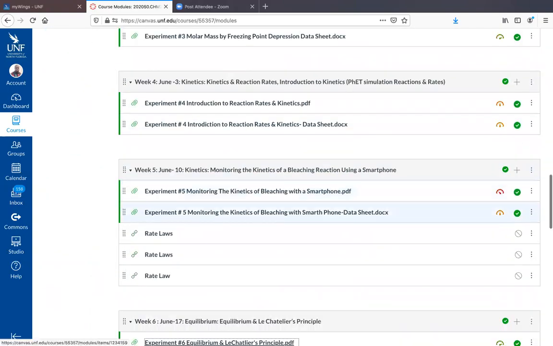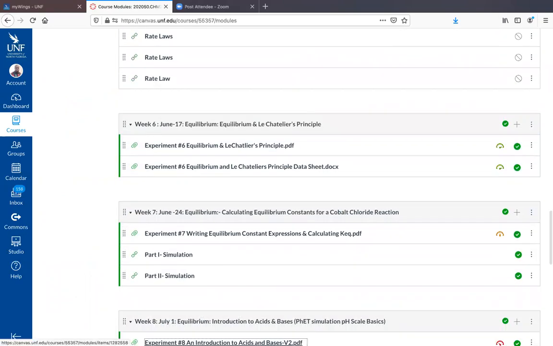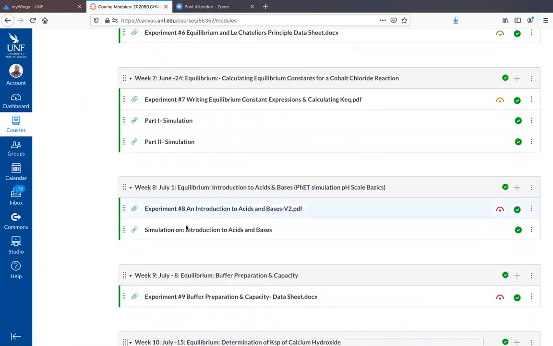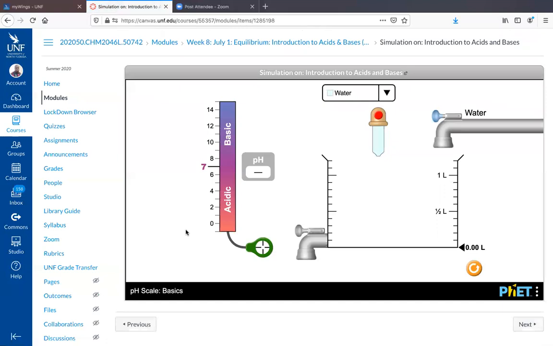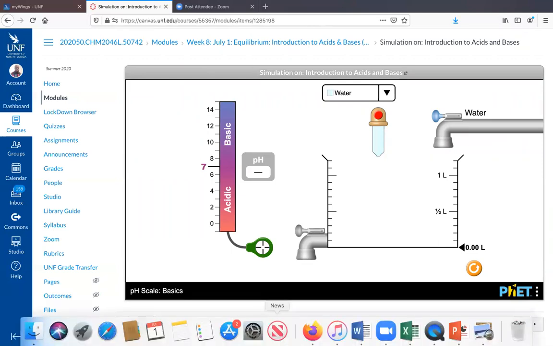So let's see the simulation on today's lab, number 8, right here. If you click that, this is what you'll see. You may not see this, but sometimes you may see a warning, and then the word simulation. Please click that simulation here and it will play. It will load your simulation on finding the pH.